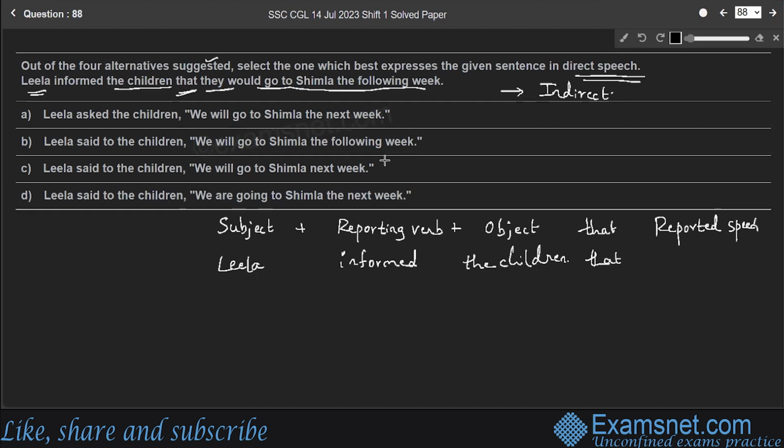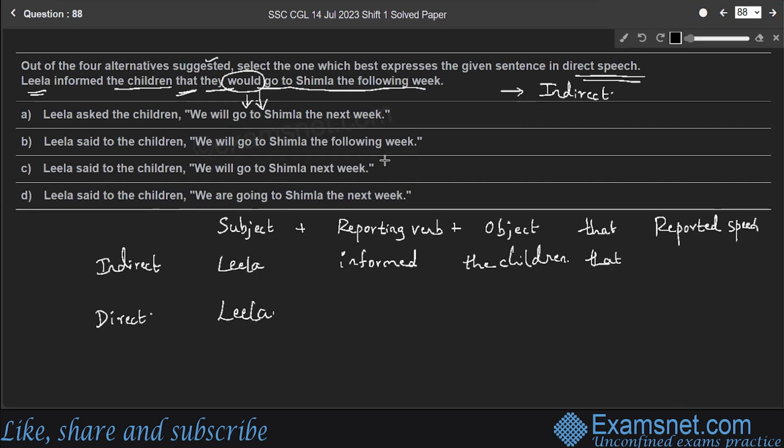Here in the reported speech, we have the past form of will. This past form will be converted into the present form in direct speech. So we'll write the direct speech. The subject will be as it is, Leela. Here the reporting verb changes.